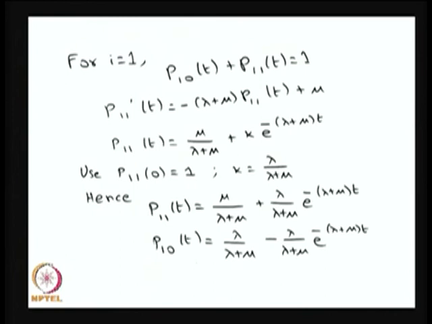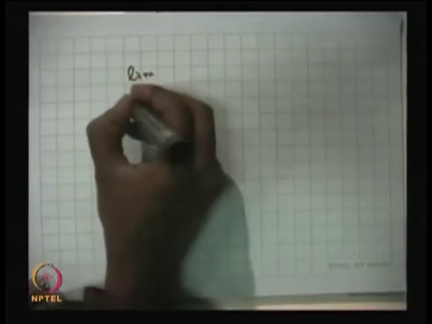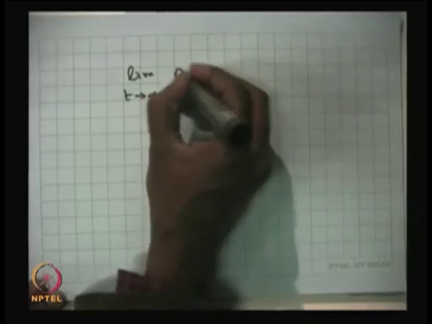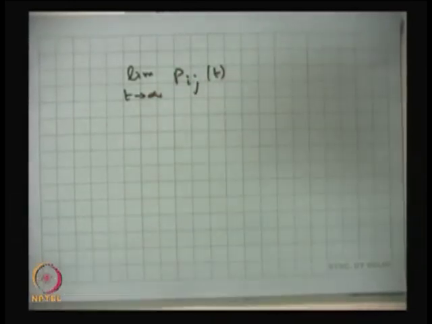Therefore, if you make a matrix and find the limiting distribution, the limit as t tends to infinity of P of t, you will get a matrix. For this example, it is a 2 cross 2 matrix.